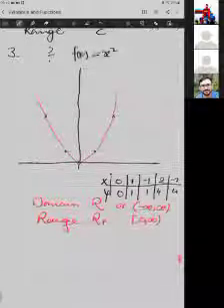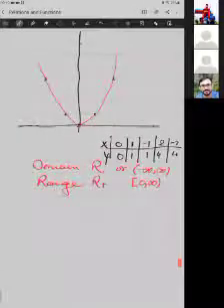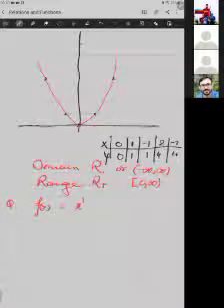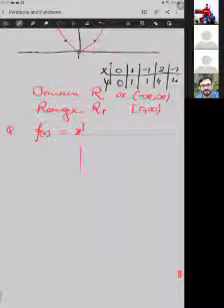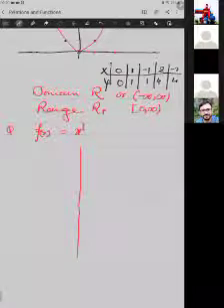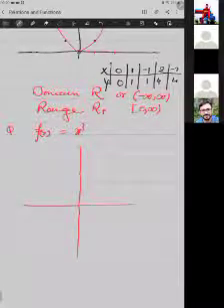So this was one of the very great and important curves. If in case the same thing comes, f(x) = x cube, now its graph will be, when I'm taking x as 0, y will also be 0.